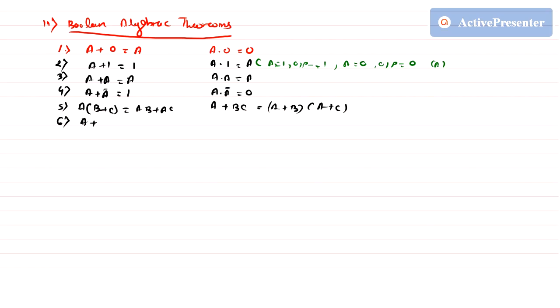Next is A plus AB is equal to A, and here A whole into A plus B is equal to A. So you see the properties: A plus A bar B, the output is A plus B, but here A multiplied with A bar plus B, the output is AB.